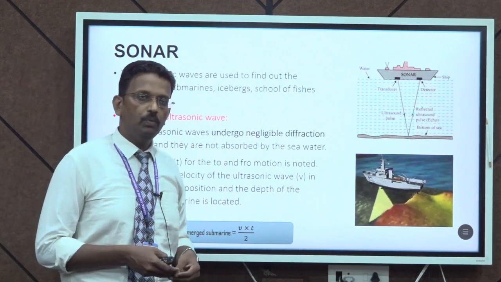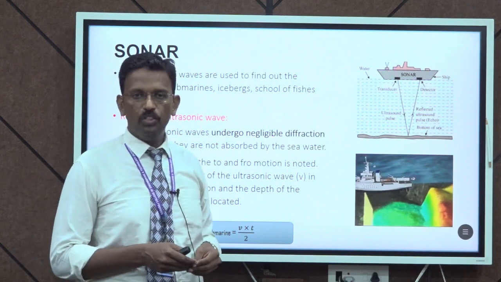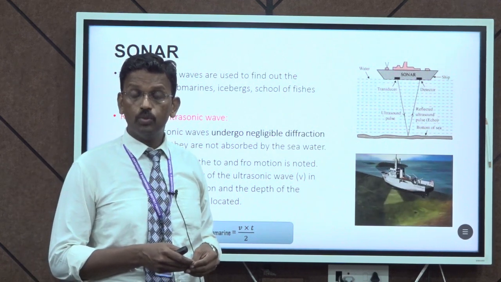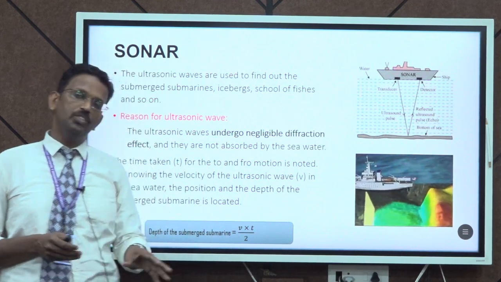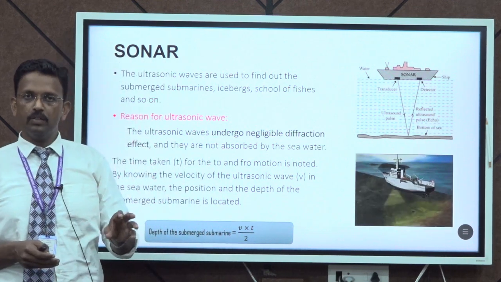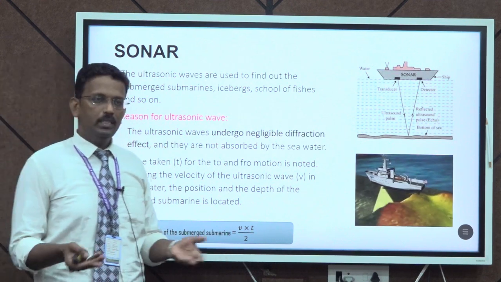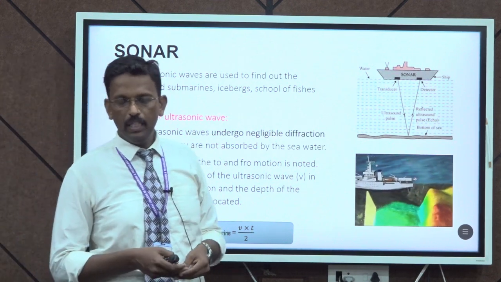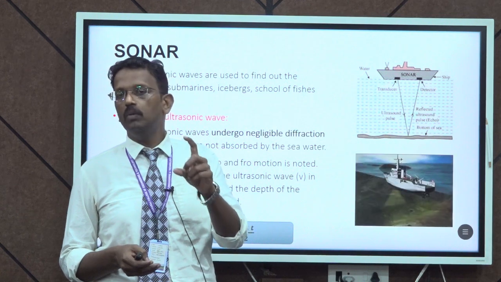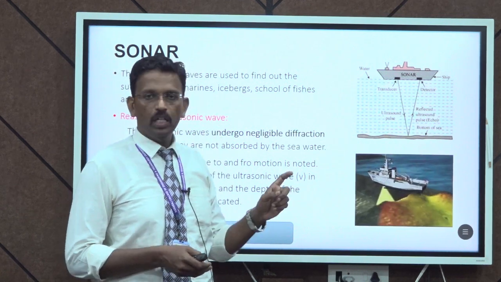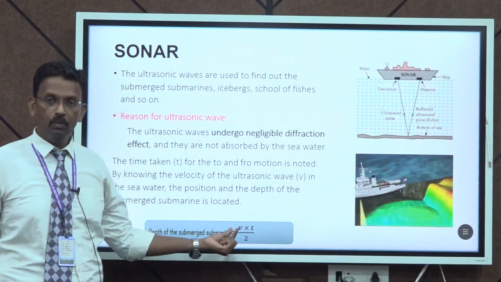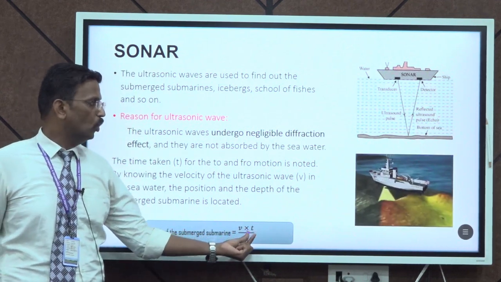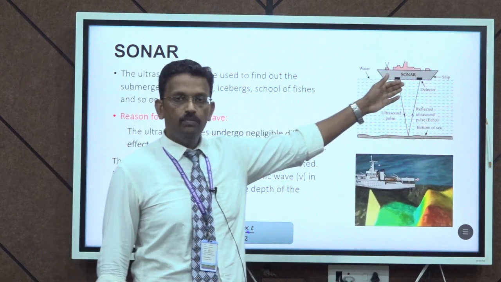Initially, we must find the velocity of the ultrasonic wave with the help of an ultrasonic interferometer. There are a lot of sophisticated instruments available to measure the velocity of an ultrasonic wave in a given liquid. Simply with the help of an ultrasonic interferometer, we can easily measure the velocity of the particular ultrasonic wave through the sea water. So, initially we should know the V value, and then we get the t value from the timer.